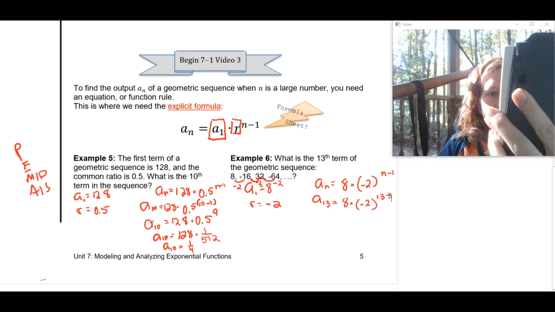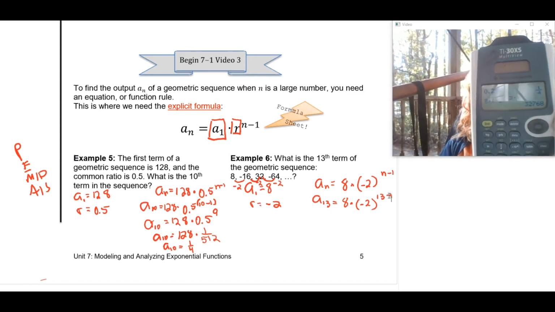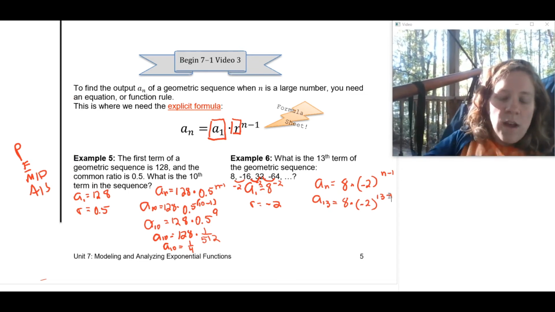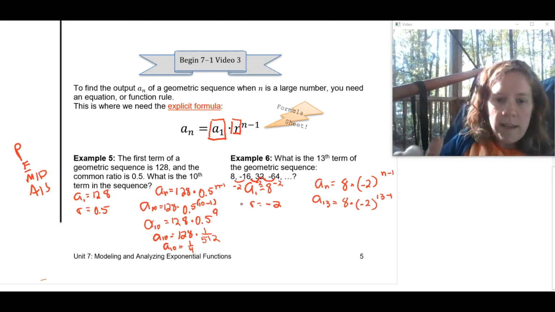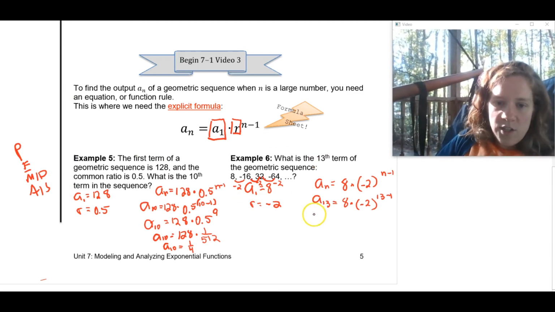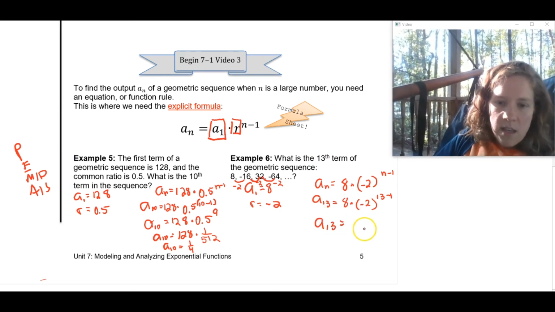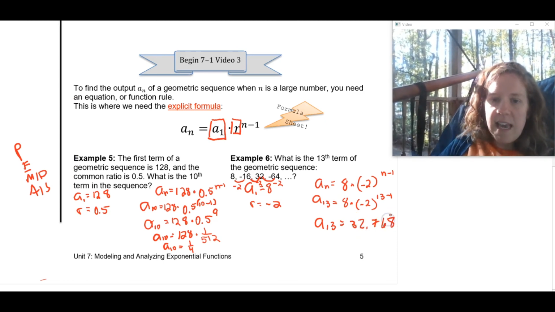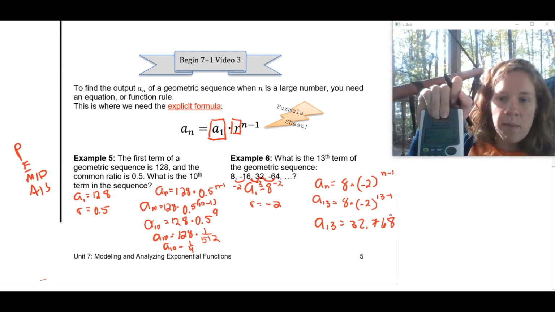And when I hit enter, I get quite a large number, 32,768. Like I said before, do not be worried when these numbers get really, really big, really quickly. It's to be expected because you're multiplying by 2 over and over and over again. So the 13th term then is 32,768. It was positive. I can feel safe in that because I know I put my negative in the right spot in the calculator.